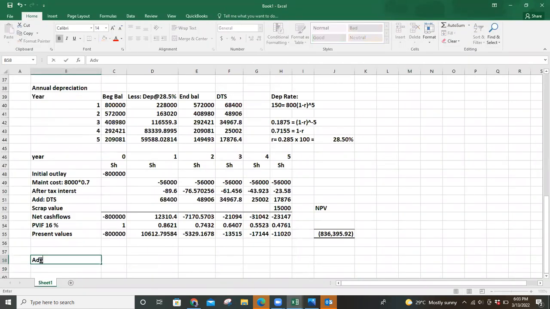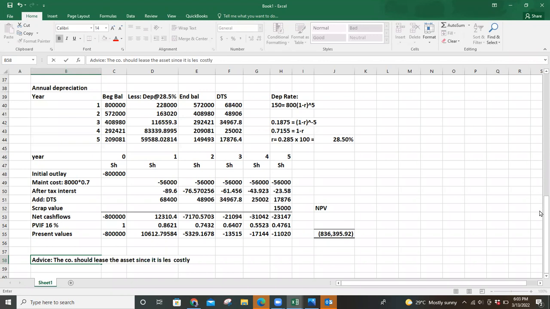So our advice would be the company should lease the asset since it is less costly.